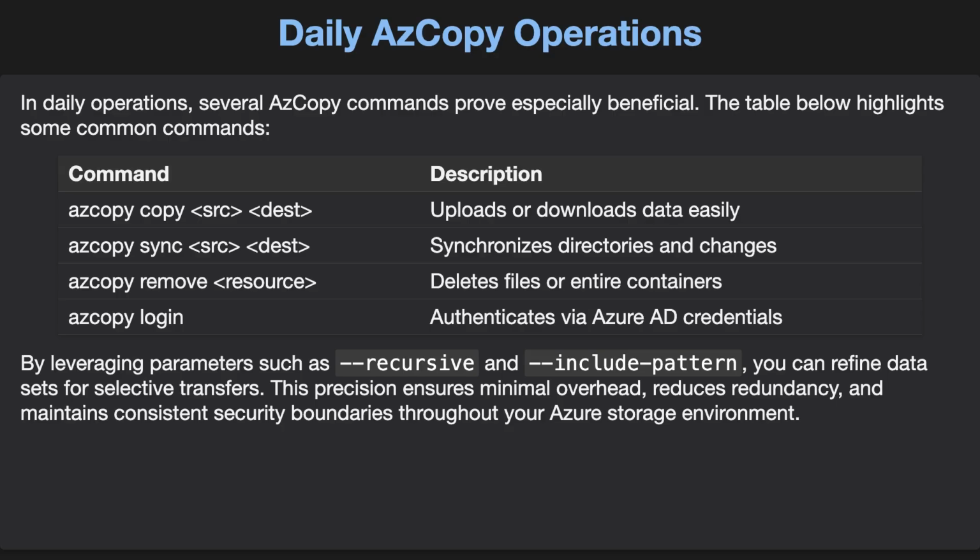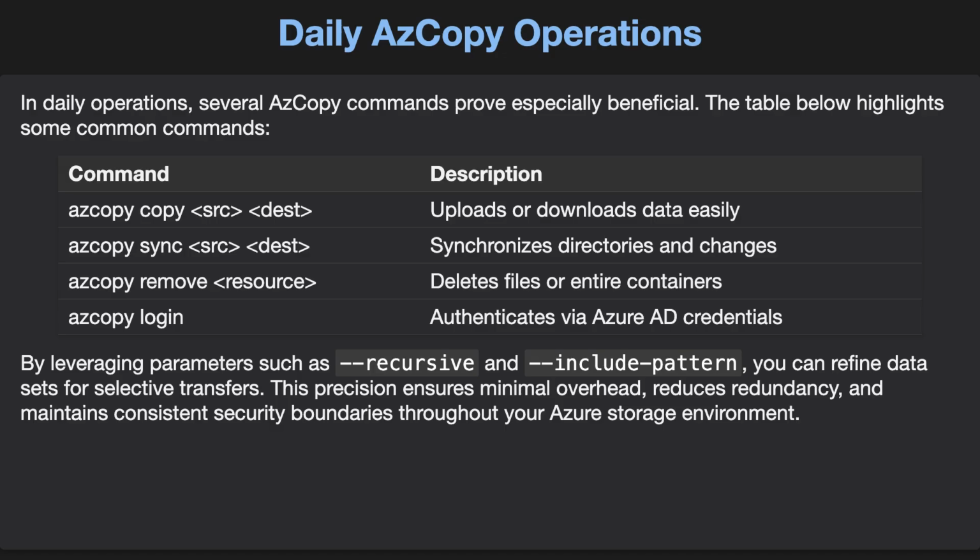In daily operations, several AzCopy commands prove especially beneficial. The table below highlights some common commands. Command, description. AzCopy copy SRC dest uploads or downloads data easily. AzCopy sync SRC dest synchronizes directories and changes. AzCopy remove resource deletes files or entire containers.